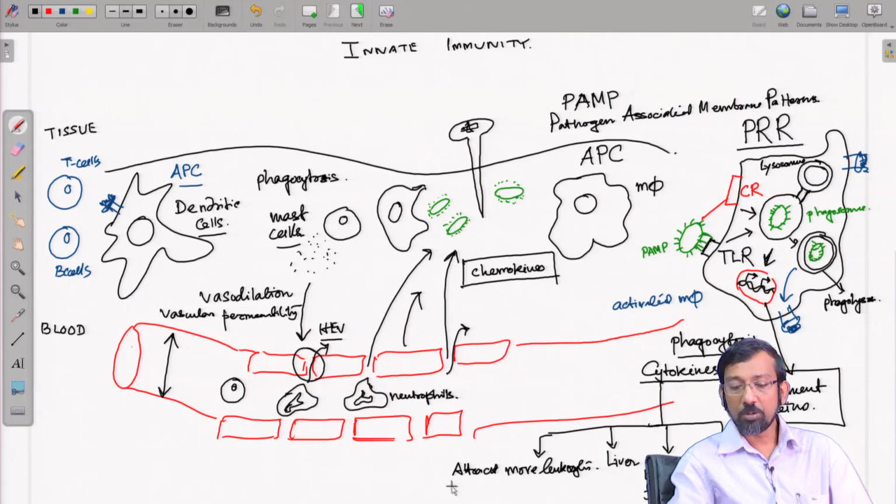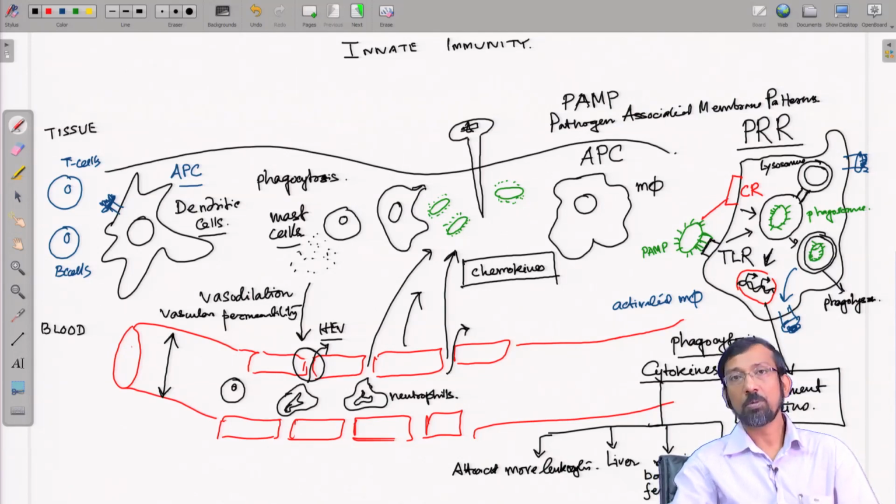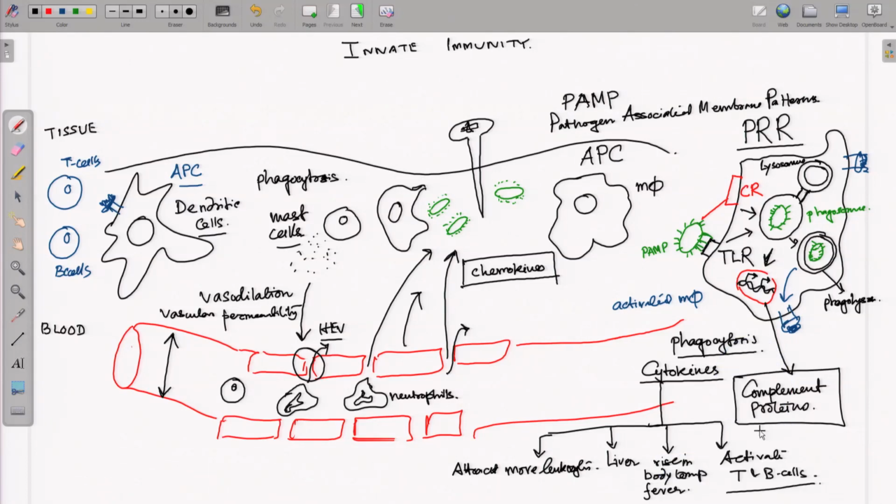Now, the cytokines have varying functions, of which initially they try to attract more leukocytes to the site of action. They activate the liver, thereby producing proteins, primarily the complement proteins. The complement proteins are also very important in the innate system. We will describe complement proteins in our upcoming lectures. They also lead to a rise in the body temperature, so you have fever, and they also try to activate the T and the B cells.